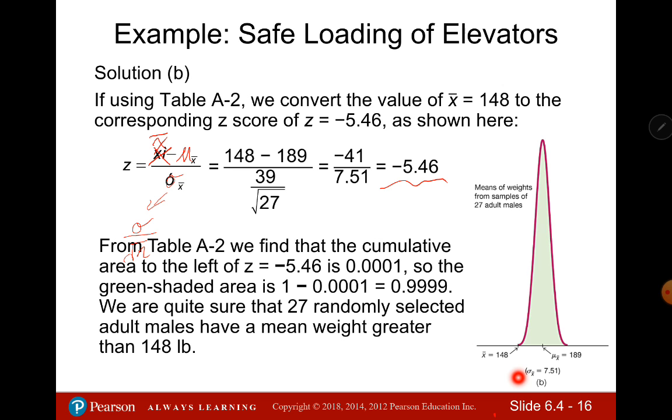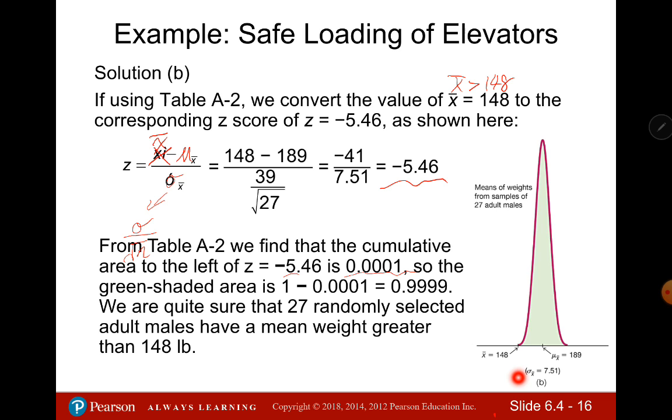But we still do the same thing, right? We check the negative z table, and from this z we will get a very small probability, very small area. But this one is still not the final answer because we are talking about x bar greater than 148.